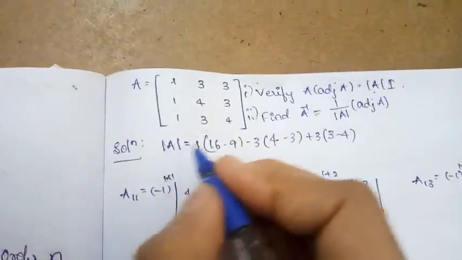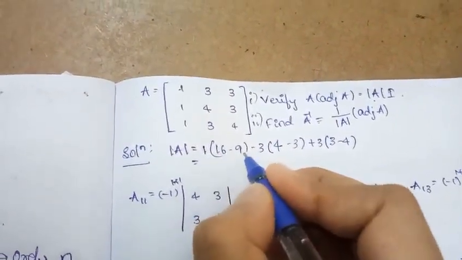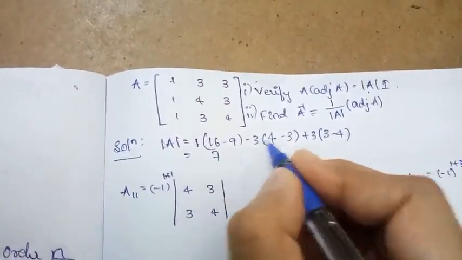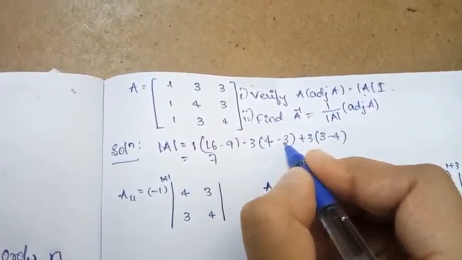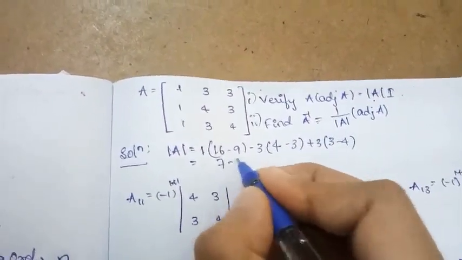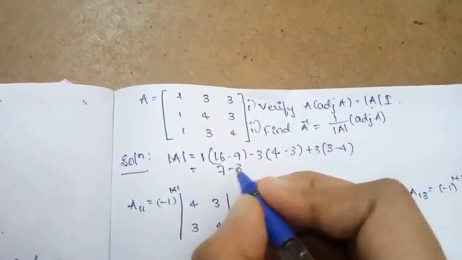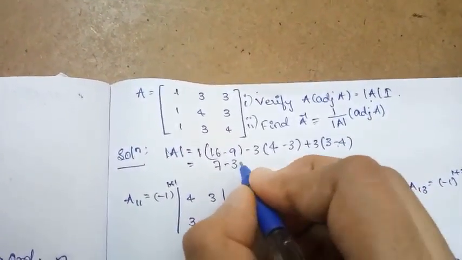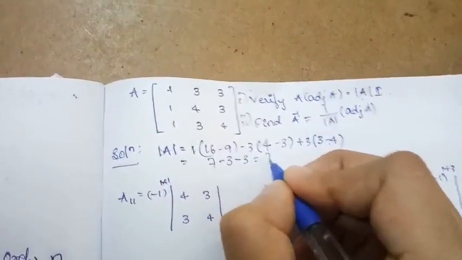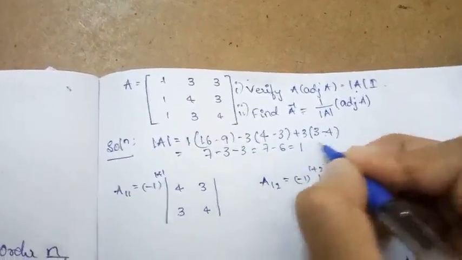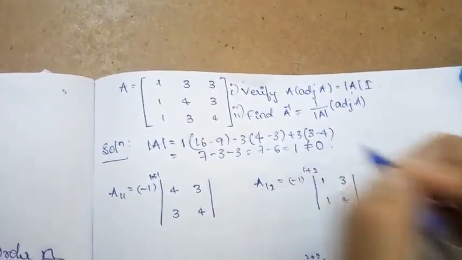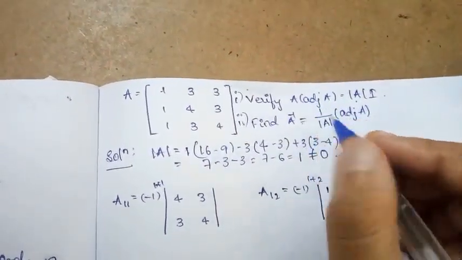So 16 minus 9 is 7, 4 minus 3 is 1, 1 into minus 3 is minus 3, 3 into minus 1 is minus 3. So it is nothing but 7 minus 6, which is equal to 1. Therefore it is not equal to 0. So A is a non-singular matrix.